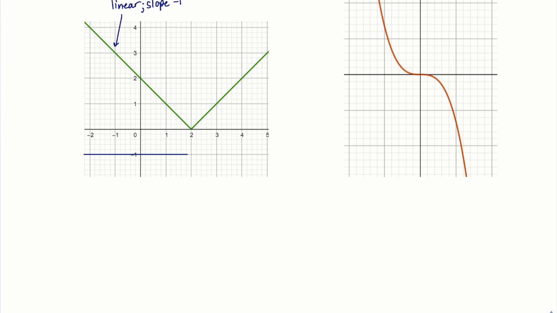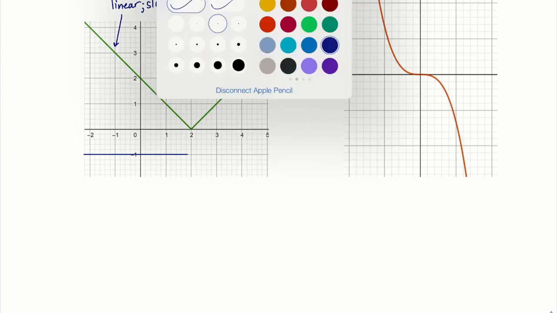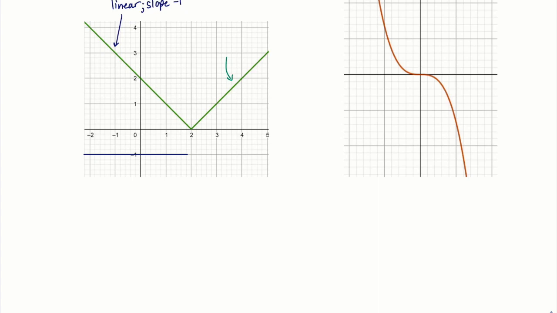And on this side, to the right, this would be linear again, but now the slope is +1. So if I'm trying to create another function that tracks the slopes, I want those y values to be +1. And then we have this issue of right at this corner, what to do.